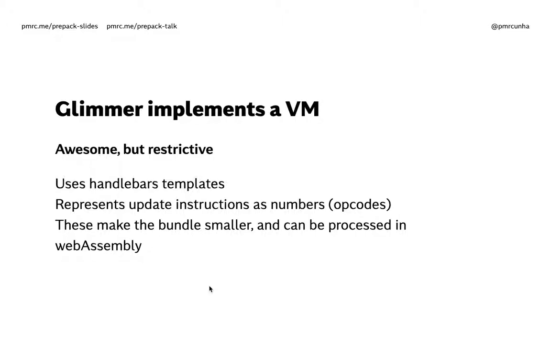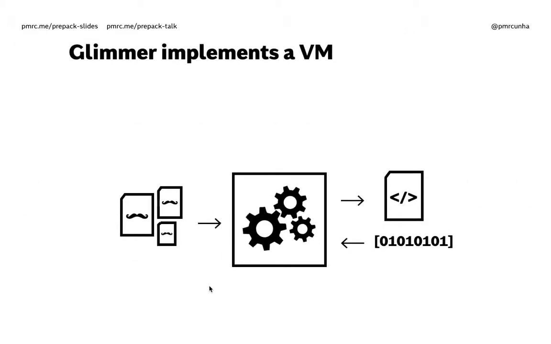The HTML produced is very small because it's pretty much binary code that the virtual machine is going to know that this number represents a certain kind of work, and this can be done in WebAssembly and so on. But all of these are using templates.